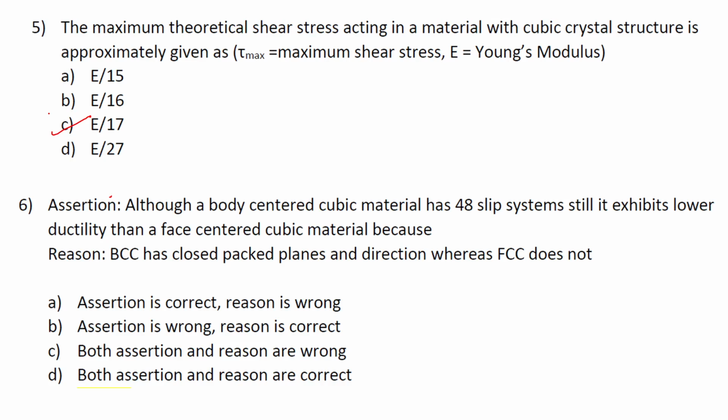The tau max, so max only I have to calculate the same way: sigma 0 cos alpha divided by A0 divided by A sin alpha.